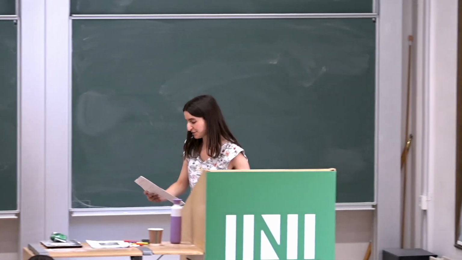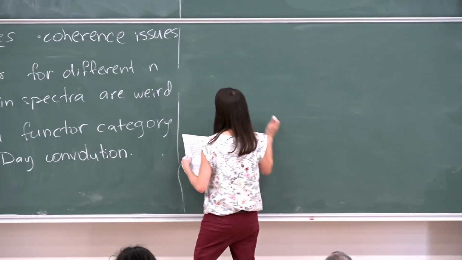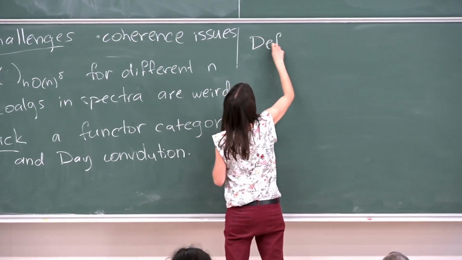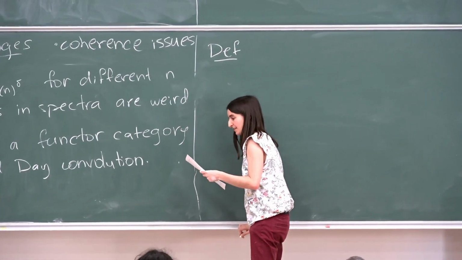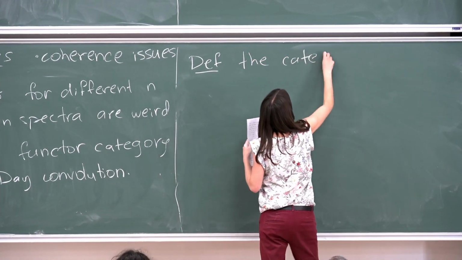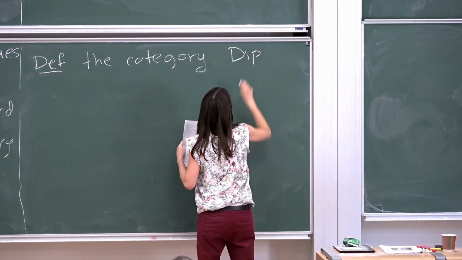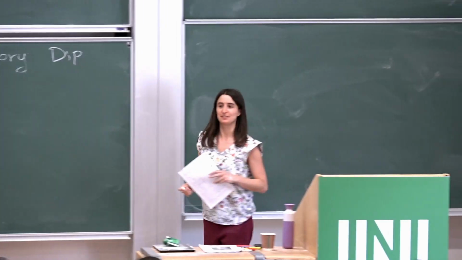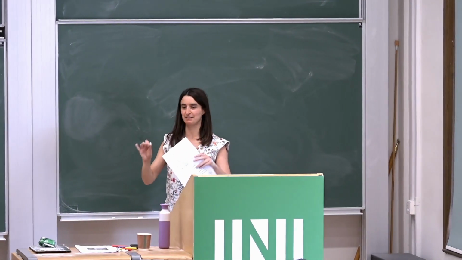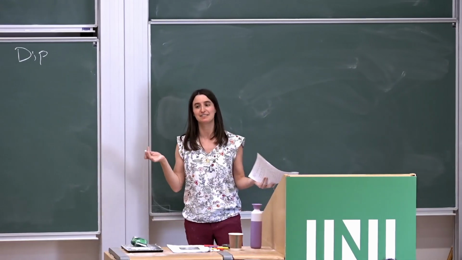So here's the functor category that we use. This category is called DIP, for finite dimensional inner product spaces, but also named after Carrie's cat, Dip.